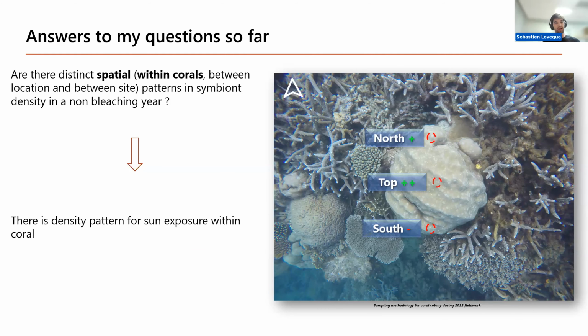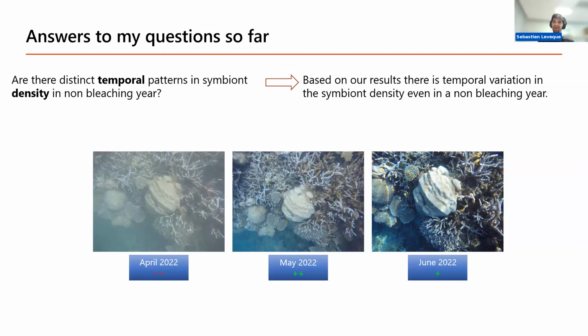And then there is also the temporal pattern. Based on our results, we clearly observed a temporal variation in the symbiont density. And this happened even in a non-bleaching year, because like I said early in the presentation, 2022 was not a bleaching year.